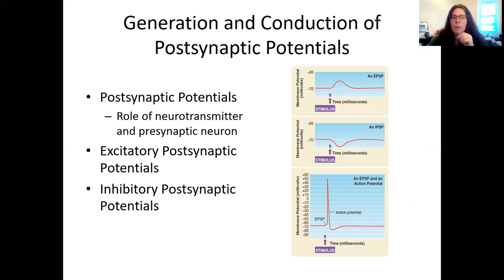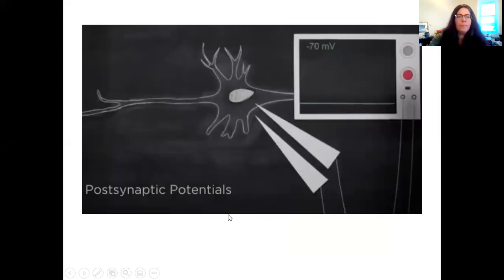It reaches this peak, and an action potential is generated. So an electrical message is sent down the axon at this point. The nerve fires an action potential, or it sends a nerve impulse or an electrical message down the axon.